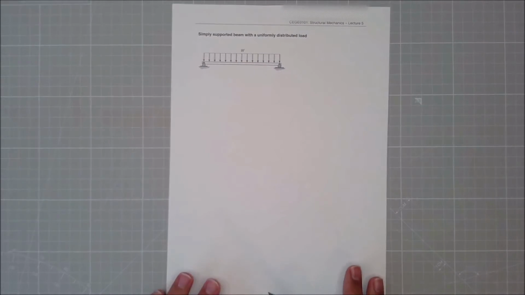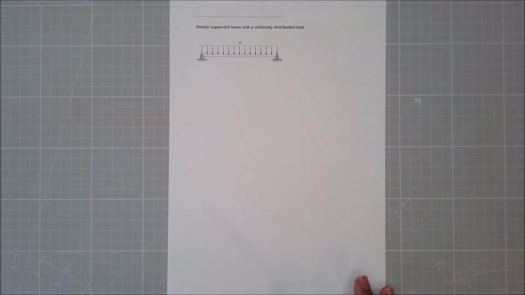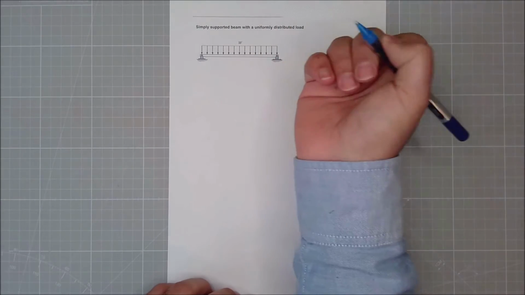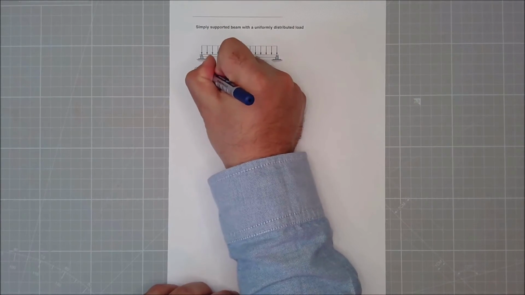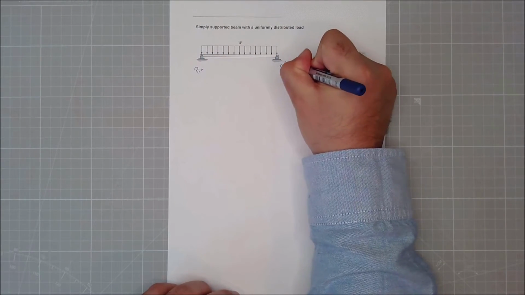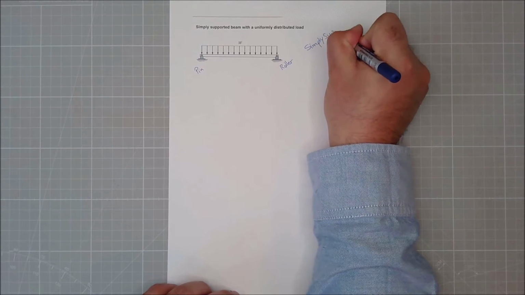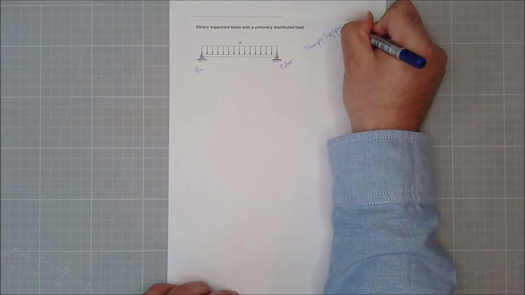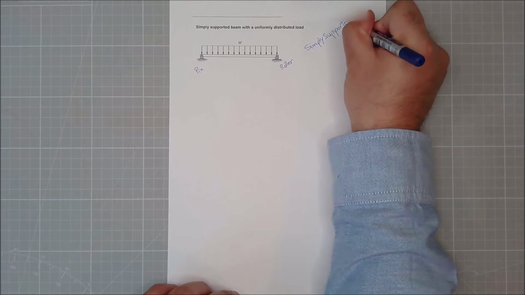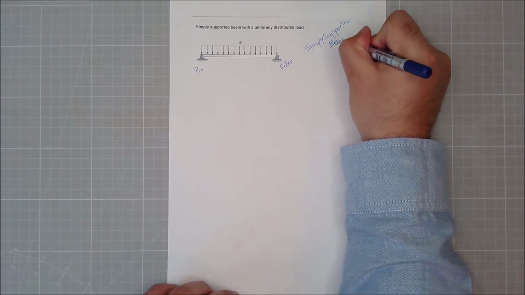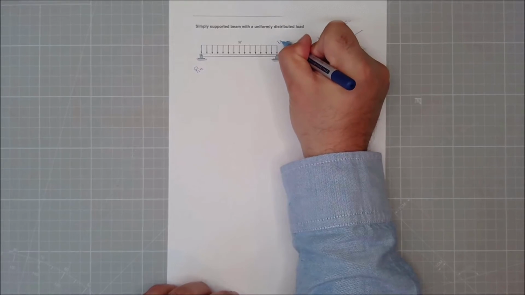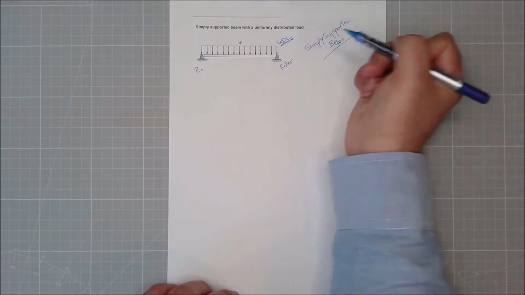The first example is a simply supported beam. So there is a pin here and there is a roller here. This is a simply supported beam. It has a uniformly distributed load.